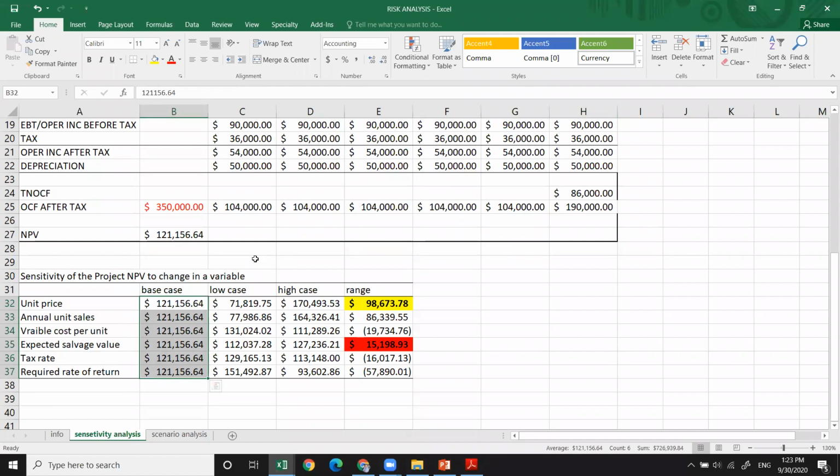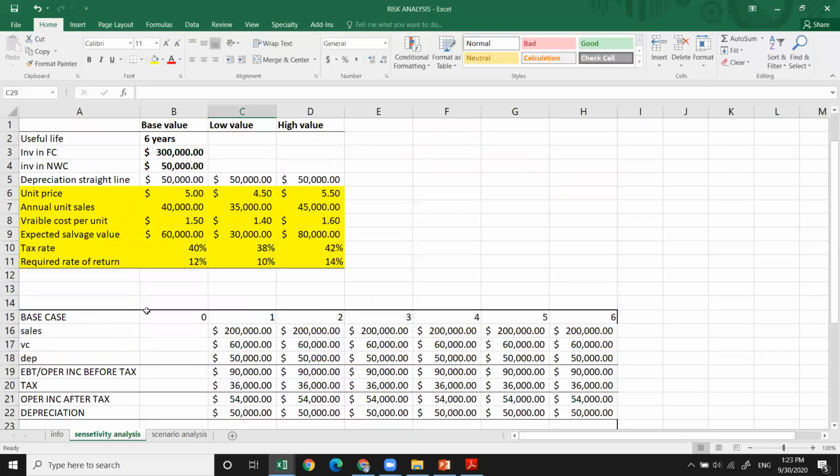Now, what I will do, I will change the unit price, in order to fill these ranges. So I will change only the unit price. My unit price is not $5 anymore. Now it's 4.5.